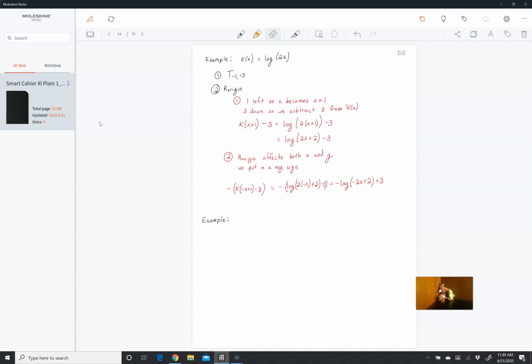Okay, let's do r of x is equal to, let's do an absolute value. We'll do -4x minus 3. And this one, we did translation and reflection, we did dilation and reflection, and we did dilation and translation.